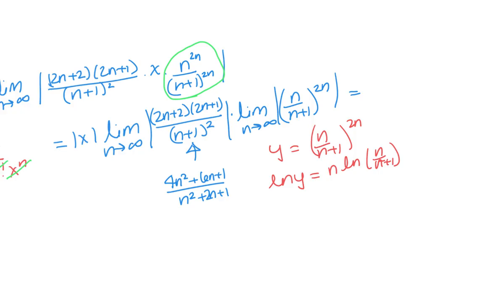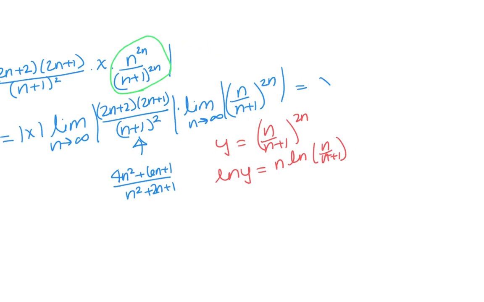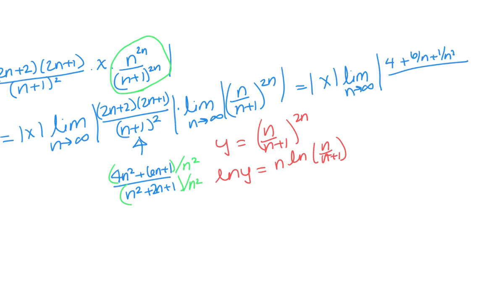So this is going to be equal to the absolute value of x, the limit as n goes to infinity of, if I divide this numerator by n squared, I divide this denominator by n squared, I'm going to get 4 plus 6 over n plus 1 over n squared, over 1 plus 2 over n plus 1 over n squared.